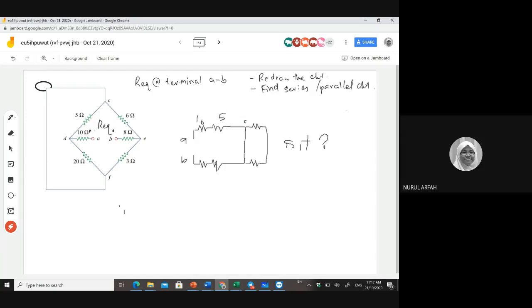Okay, the one is C. Then the one is connected. Okay, good. C with F. Then 6. 6 and 3. Where is 3? Macam mana tu?